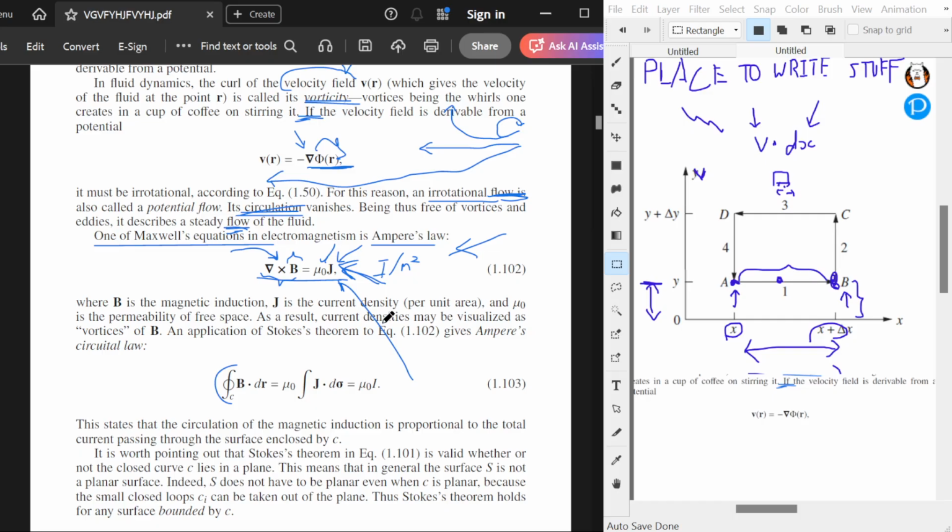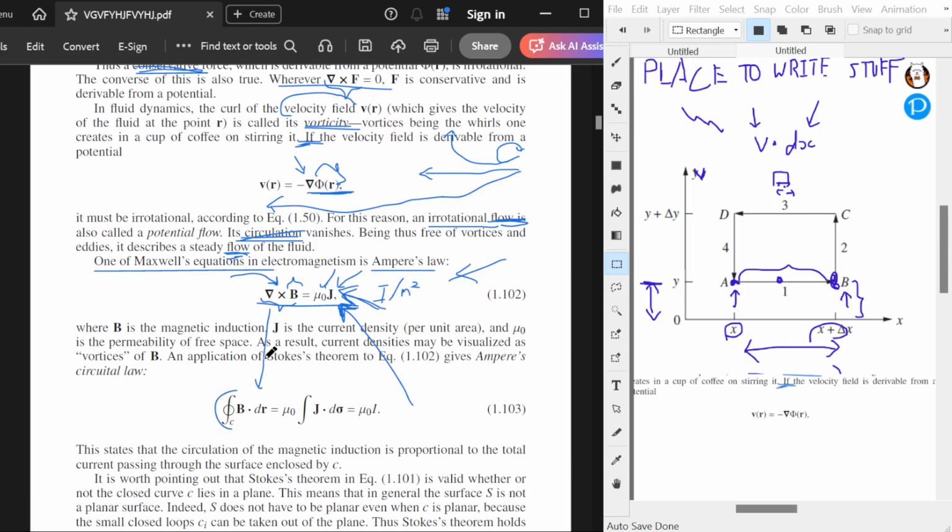I guess what I have to realize is that you can apply these operator identities or whatever, these laws, to stuff that doesn't really have integrals in them, because out of nowhere we get an integral here. An application of Stokes' theorem to this gives Ampere's circuital law.